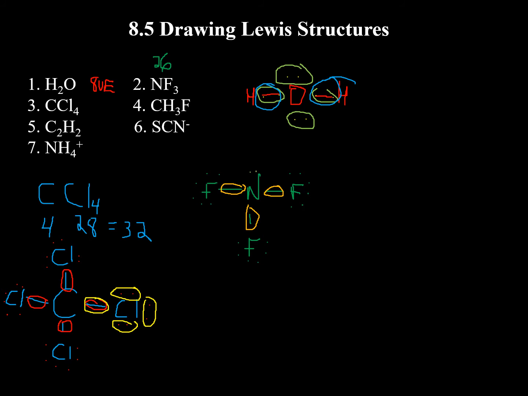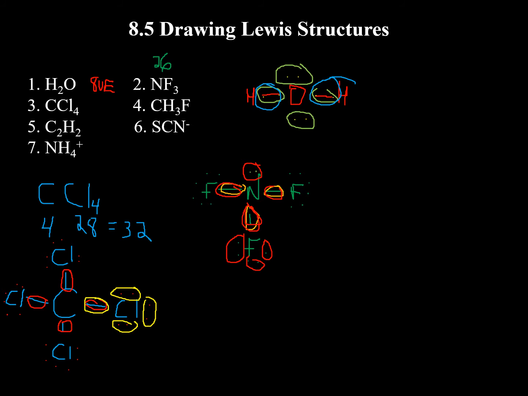We look at one particular fluorine, the one on the bottom: 1, 2, 3, 4, 5, 6, 7, 8, so the fluorine is satisfied. And we look at the nitrogen now. The nitrogen has 1, 2, 3, 4, 5, 6, 7, 8. So each element has 8 valence electrons, which satisfies the octet rule.